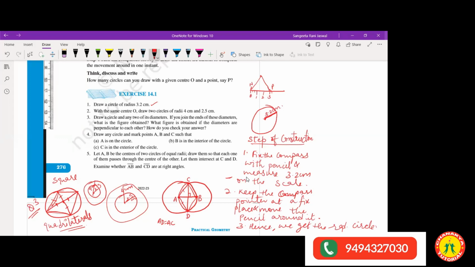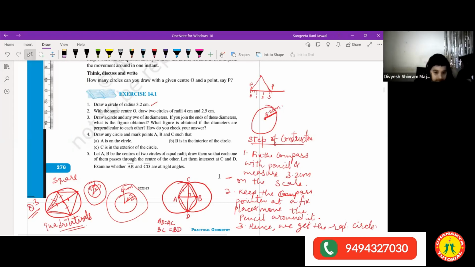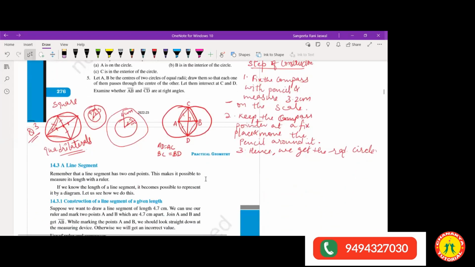Yes, ma'am. BC is equal to BD. They both are radii of the same circle. And both the circles have the same radius. That means all these radii are equal.